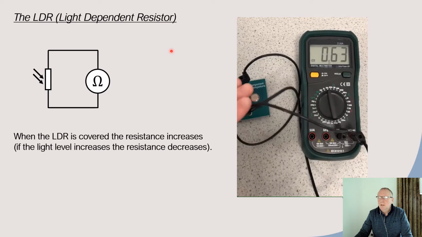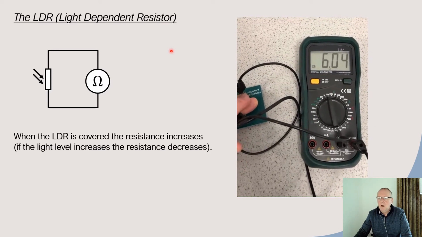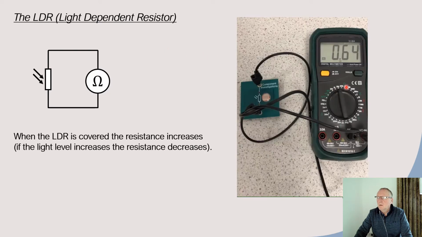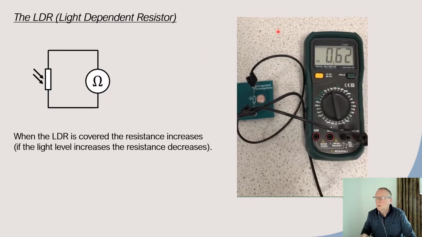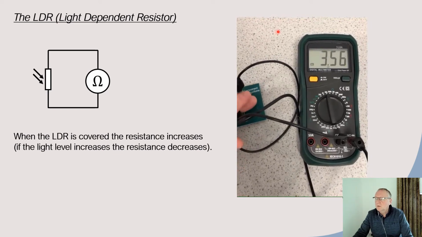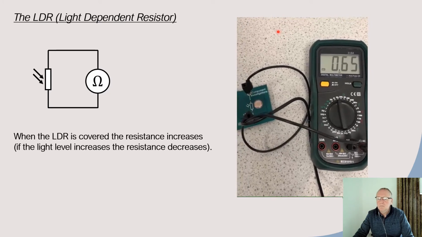Okay, so we're getting a reading of about 0.6 kilo ohms, and when I cover it up, you can see that the reading jumped away up to, well, I missed what it was. Let's just wait again, it goes on a loop. So it jumps up to, there we go, 6 kilo ohms.